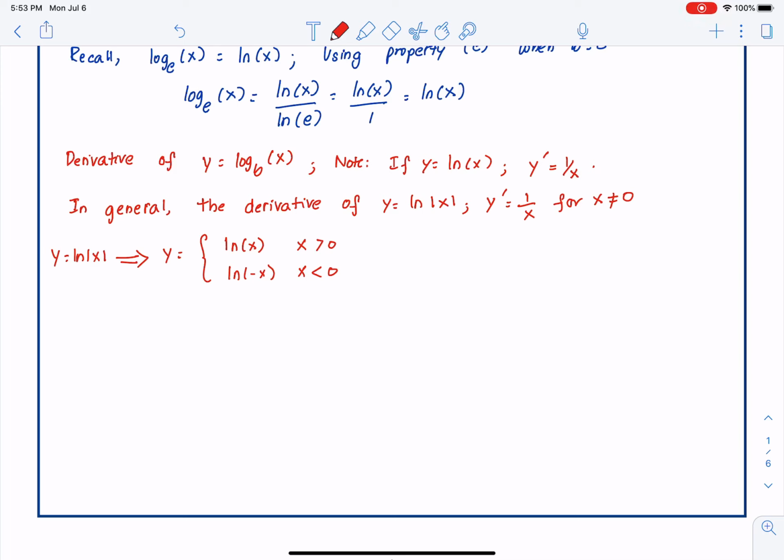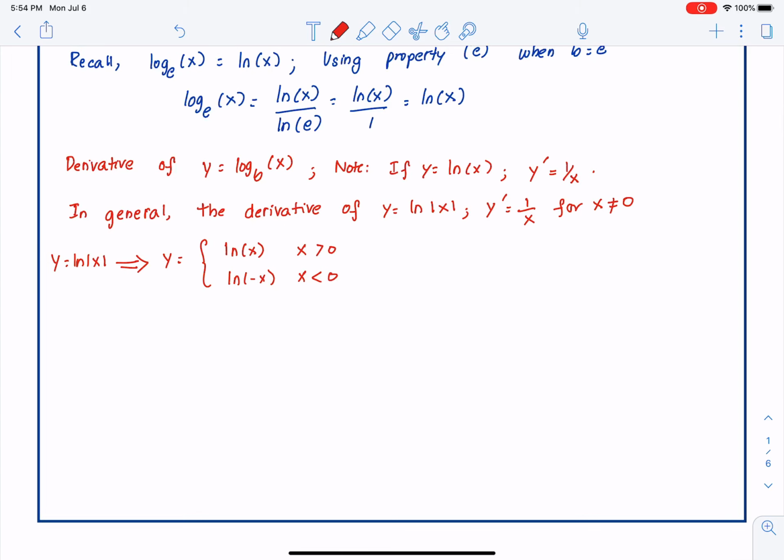So since the derivative is 1 over x for ln, we would end up having 1 over x for the piece x greater than 0, and 1 over x for x less than 0 also.